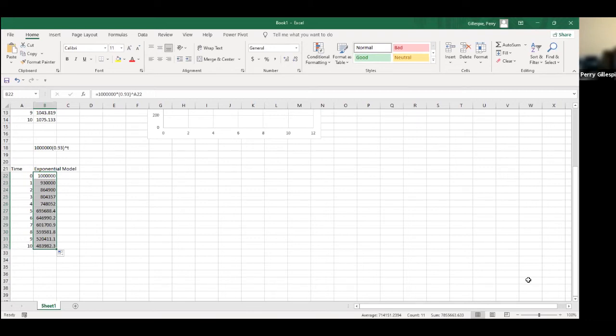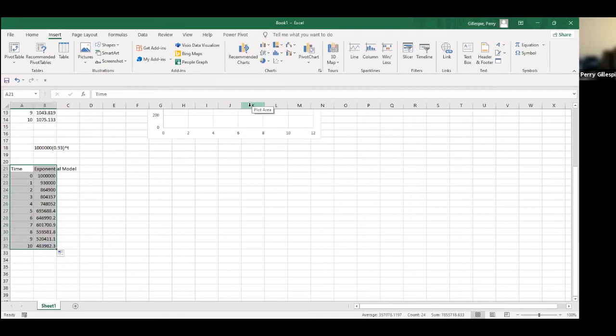All right. If not, the next part is that we want to graph this. So again, we're going to highlight the table, these two columns here. I'm going to go to insert, and we're going to go to the scatter diagrams.